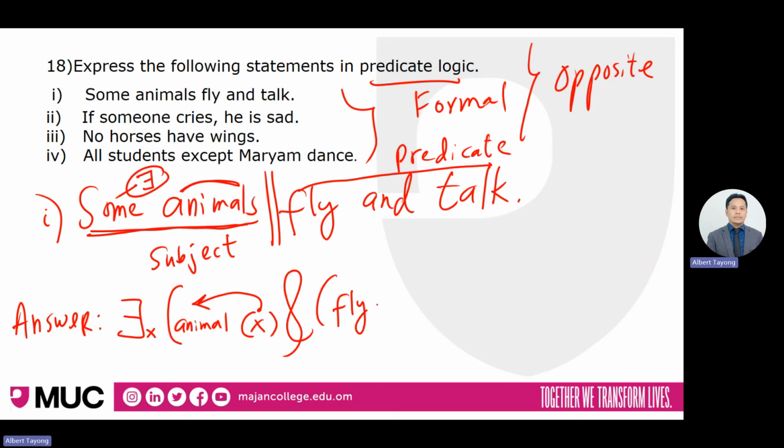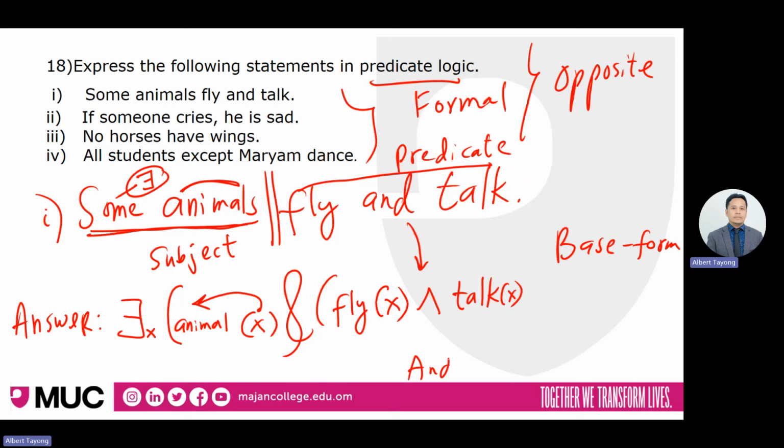So it means that our x, whatever we're talking about, this is an animal. Okay, x here is animal. This x flies, but we use the base form of the verb. The base form of the verb. And here is this symbol. And then we have talk, open and close x. So x flies, x talks.